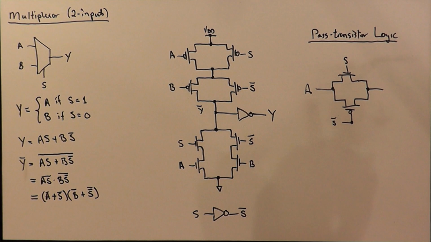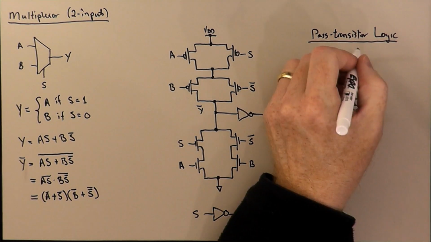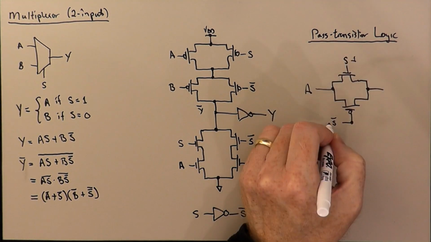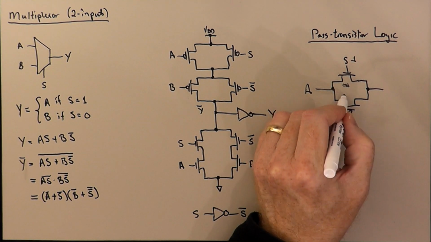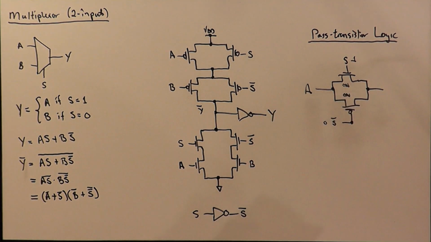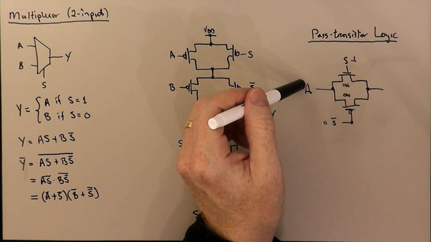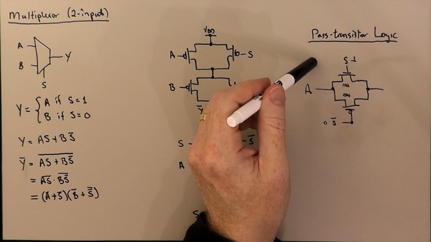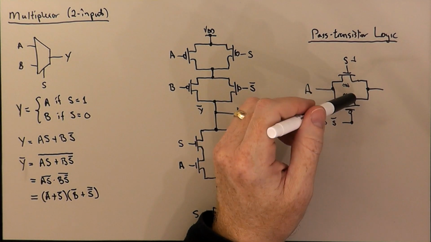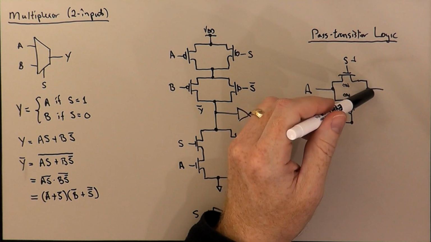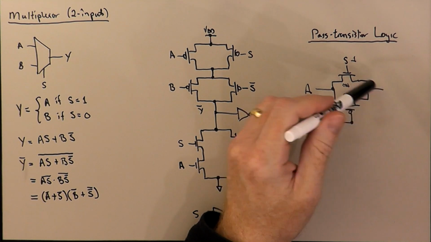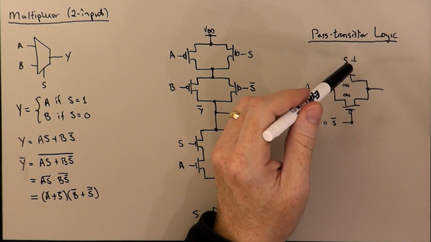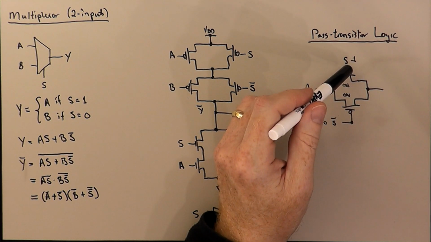And so when S is equal to 1, S bar is equal to 0, this transistor is on, and this transistor is on. So they're both on. And so if A is up near the VDD rail, then the PMOS transistor is able to pass that 1 through in a nice strong way, while the NMOS transistor is basically not able to contribute.